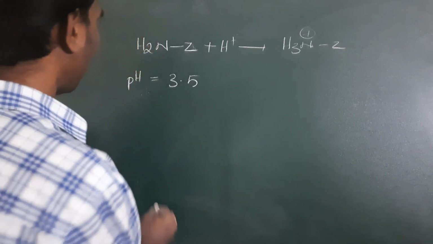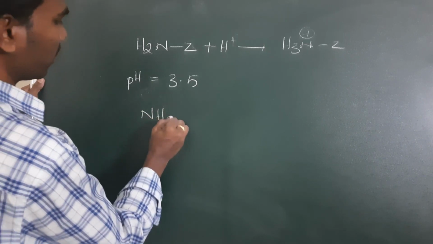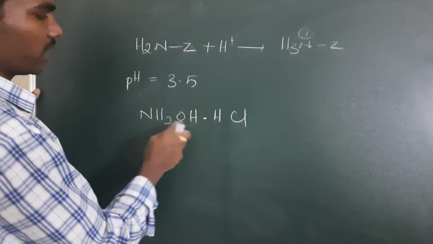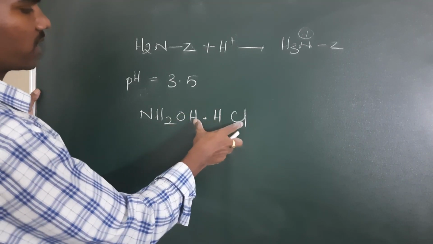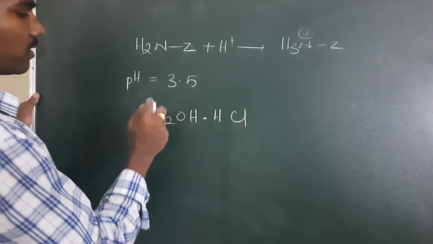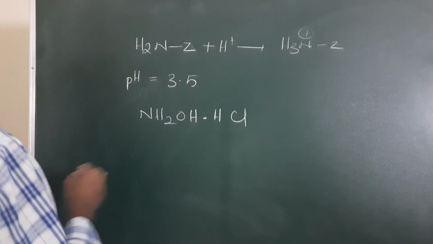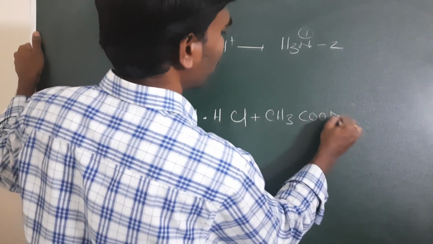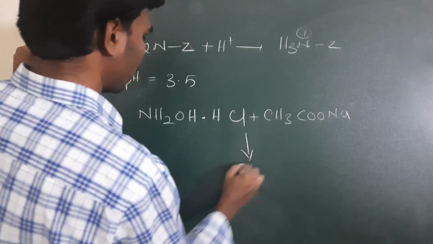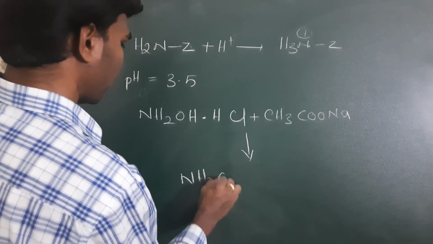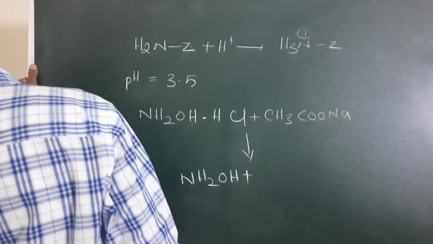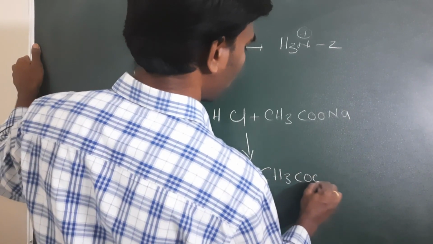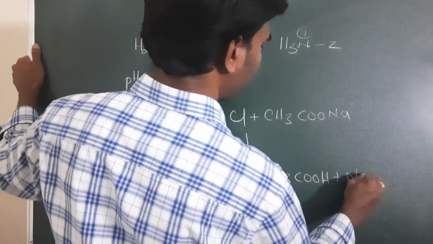For example, for hydroxylamine NH2OH, if I want to react with it, I have to take the salt NH2OH·HCl. When this salt reacts with sodium acetate, it forms hydroxylamine NH2OH plus CH3COOH plus NaCl.